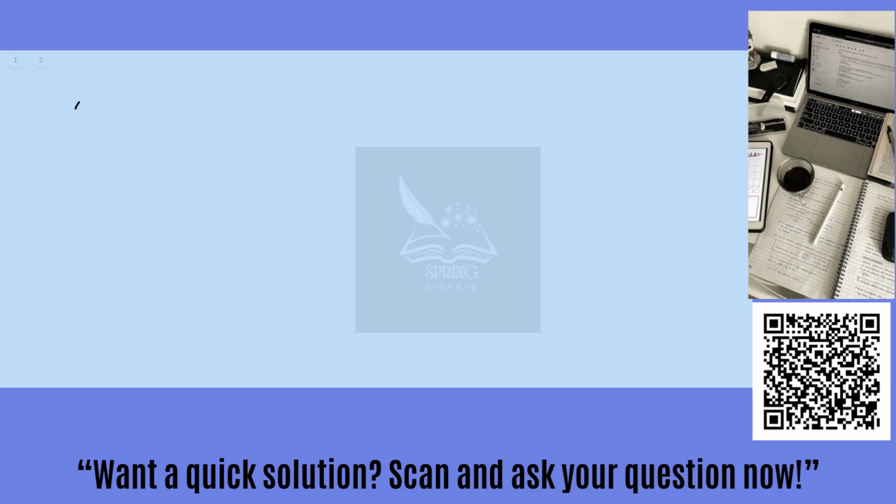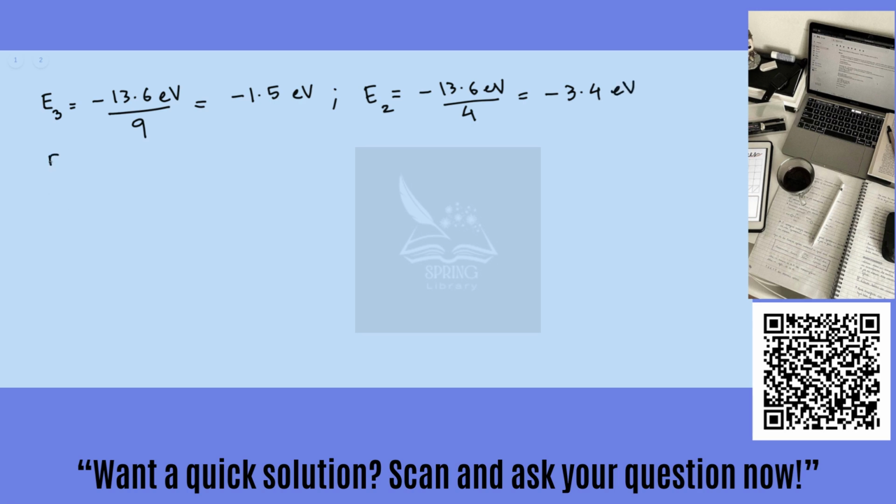So E3 will be equal to minus 13.6 electron volt over 3 square, which is 9, and this gives minus 1.5 electron volt. Similarly, E2 will be negative of 13.6 electron volt over 2 square, or 4, and this is equal to negative 3.4 electron volt. And E1 is basically negative 13.6 electron volt because n is equal to 1 here.